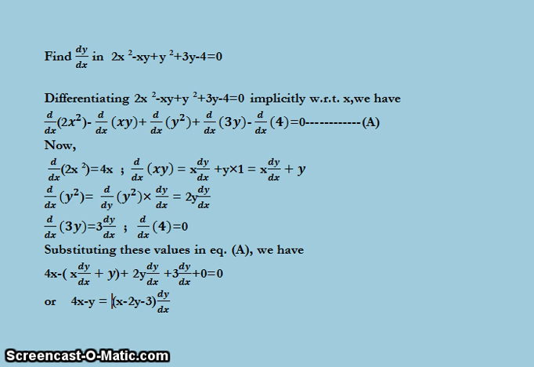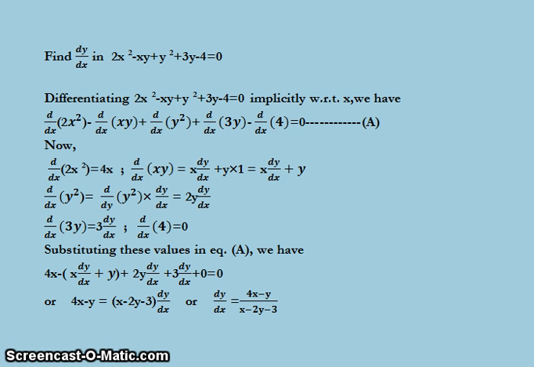Or we can write dy by dx equal to 4x minus y, whole divided by x minus 2y minus 3. Thus we have differentiated this implicit function, and the result obtained is dy by dx equal to 4x minus y, whole divided by x minus 2y minus 3.